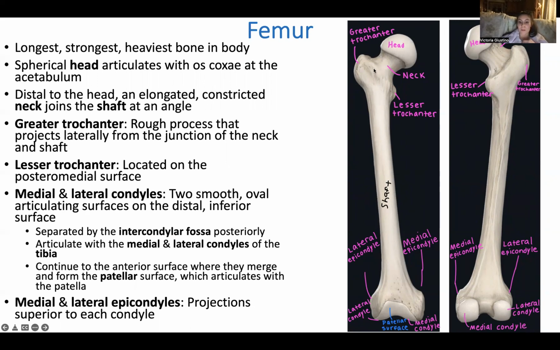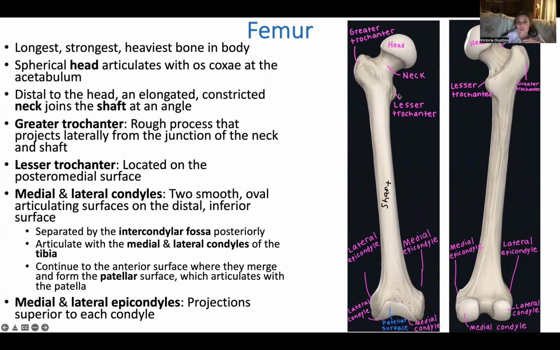So remember, the humerus had a greater tubercle. Well, the femur has this greater trochanter. And someone said you wear tube tops on your upper portion. So remember that the tubercle is on the humerus, and the trochanter, you're just going to have to remember, is on the lateral portion of the femur.